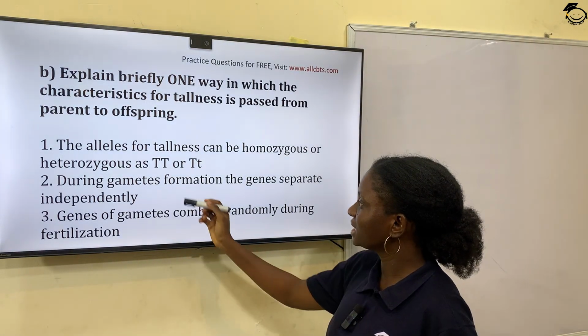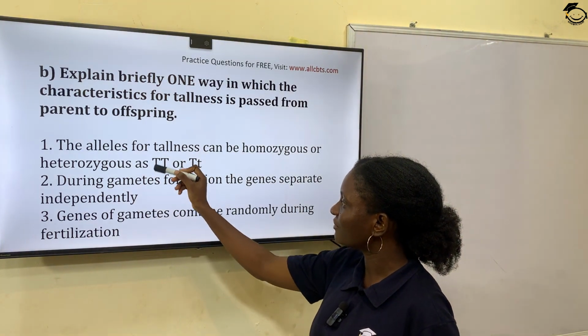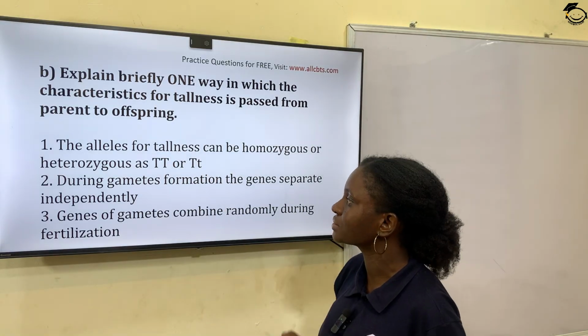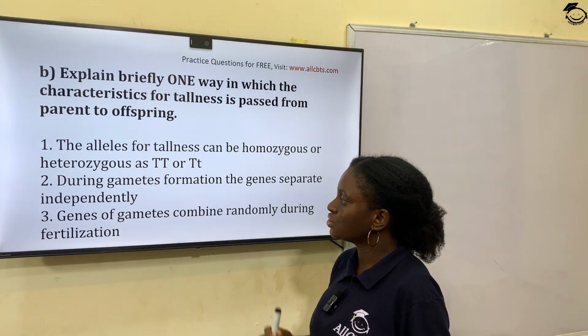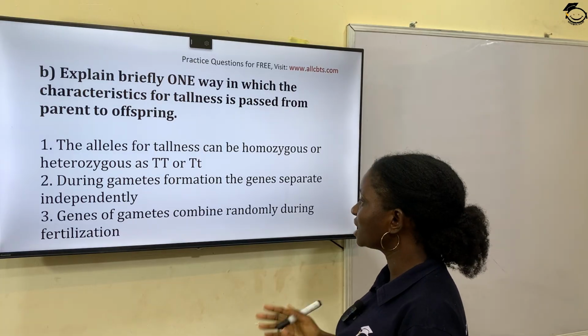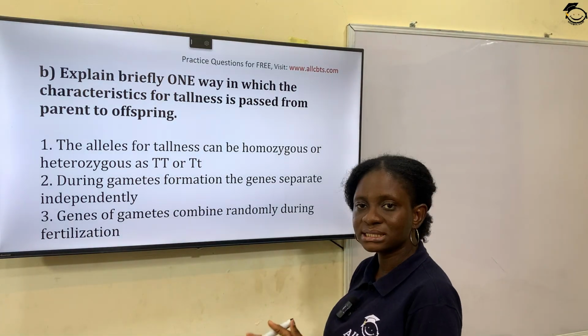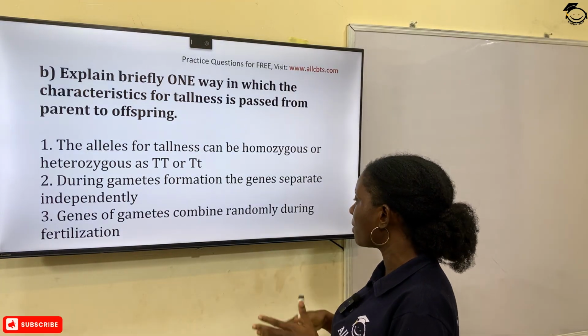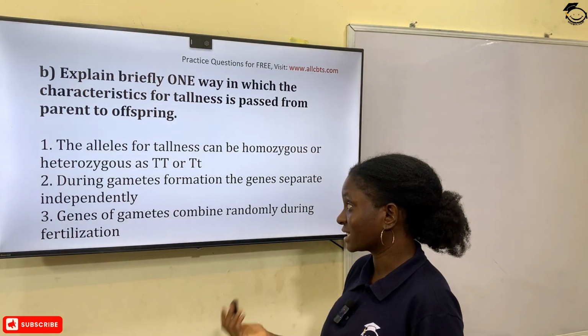So we have this homozygous having the same gene, then this heterozygous. So two, during gamete formation, the genes separate independently. Then what happens next? Genes of the gametes combine randomly during fertilization.